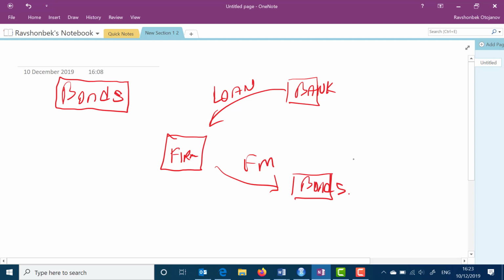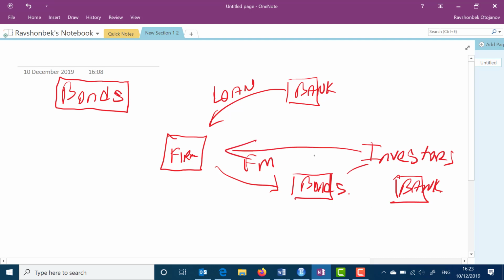They are sold usually directly to investors, or banks can also be investors. So investors in return pay, say, 1 billion to this firm. When investors purchase a bond, the bond says, you're lending us 1 billion and we will pay you 7% annually interest.